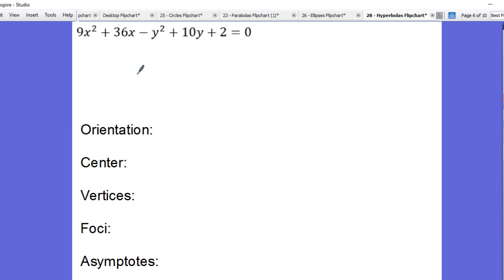All right, this problem, group the x's and the y's again. 9x squared minus 36x minus y squared plus 10y plus 2 is equal to 0. So here, all we have to do is factor out the 9 and get the 2 over to the other side. So now I have 9 times x squared plus 9 times what is 36? 9 times 4 is 36.